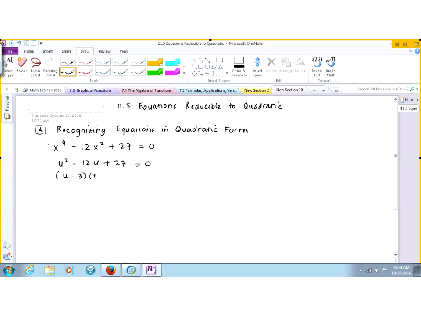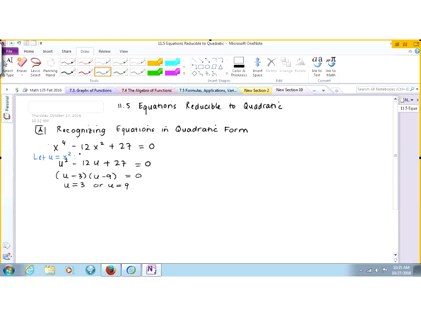Then you say, oh, this is u minus 3 times u minus 9 is equal to 0. So u is 3 or u is 9. Now, here is what happens here. What we're going to do is actually substitution. What we did here was to let u be equal to x squared.